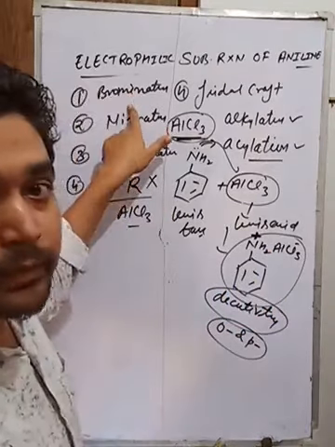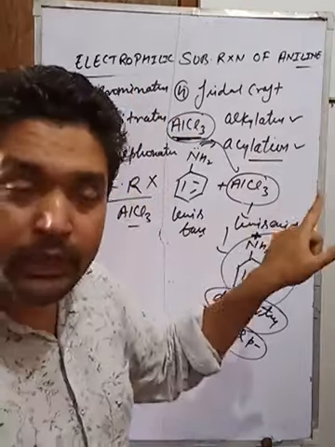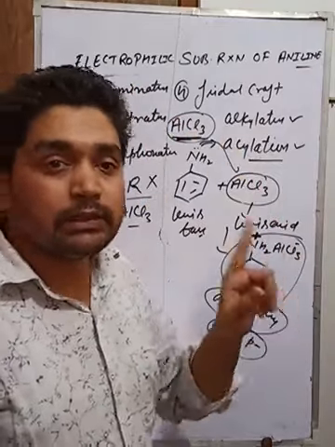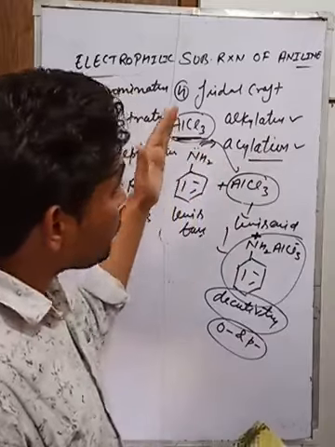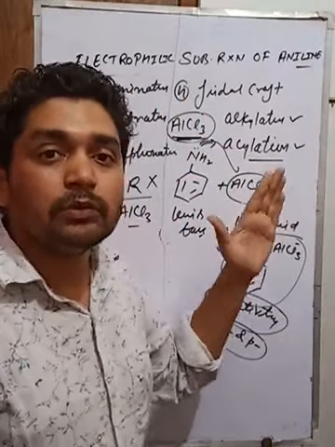In bromination, when aniline is treated with bromine in a high polarity solvent, for example water, we get 2,4,6-tribromoaniline.